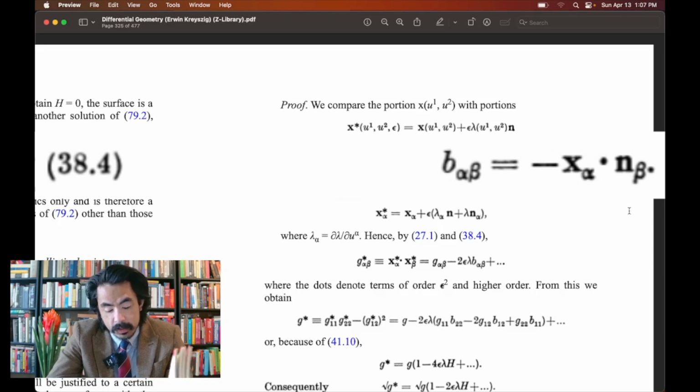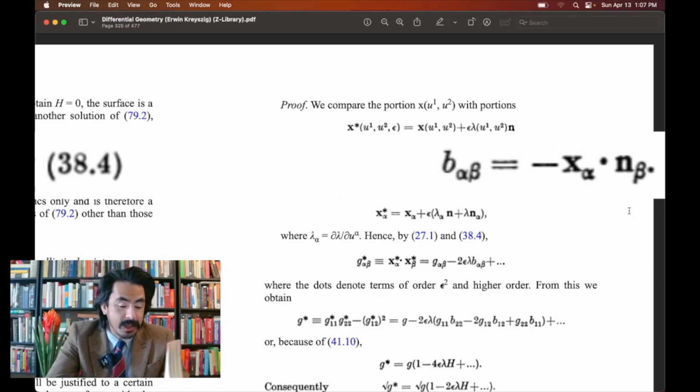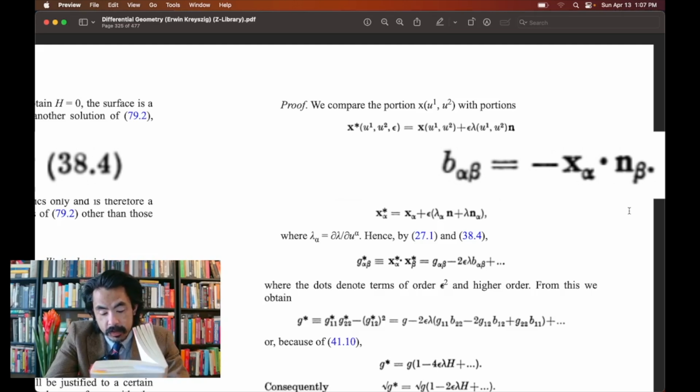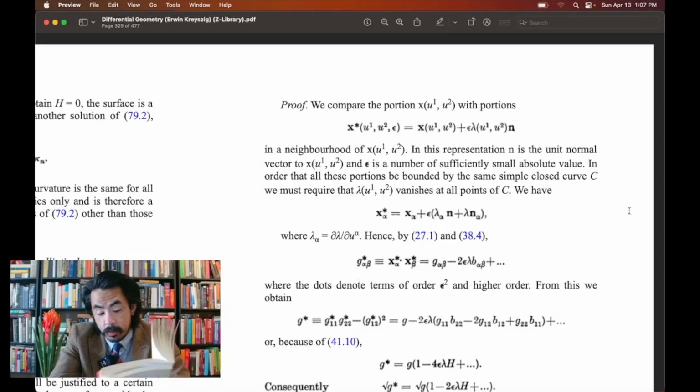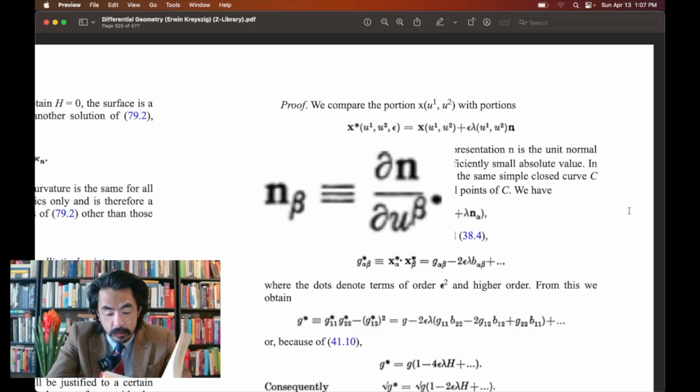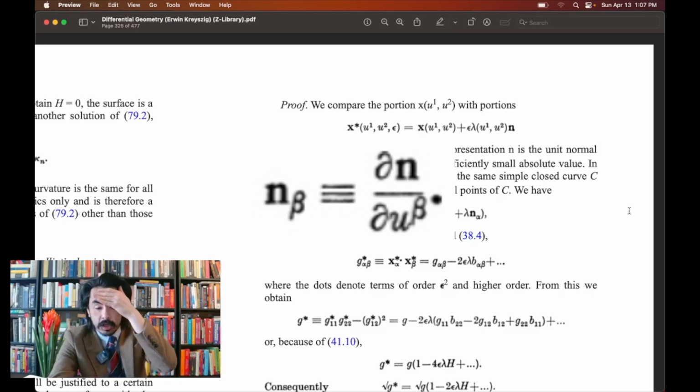38.4 likewise is the definition for components of the second fundamental form b sub alpha beta equals negative vector x sub alpha scalar product with vector n sub beta. And actually right above 38.4 we have the definition for vector n sub beta. It's partial n partial u beta. So similar to how those vector x sub alpha or x sub beta are partial derivatives of vector x, n sub beta is a partial derivative of vector n, but along those different coordinate directions.